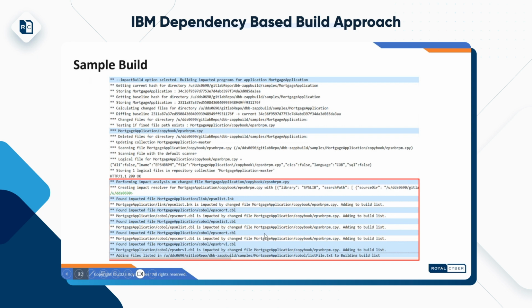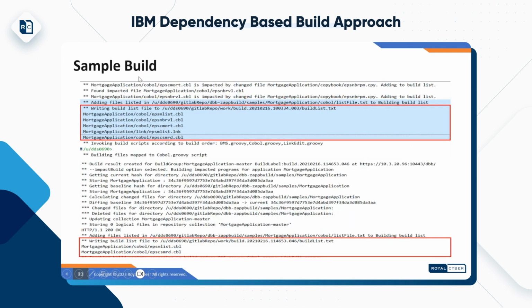It keeps identifying the changed programs and writing them into the build list. It writes to a separate text file, list file.txt, whatever it has identified. It adds all your file names in list file.txt. Then this will be used for the build command. So once you have this, your build process will make use of it.